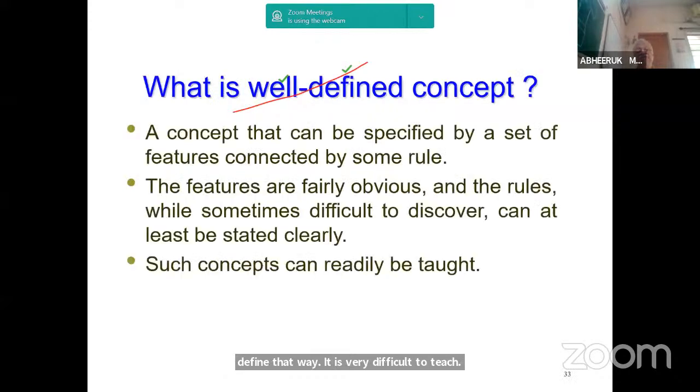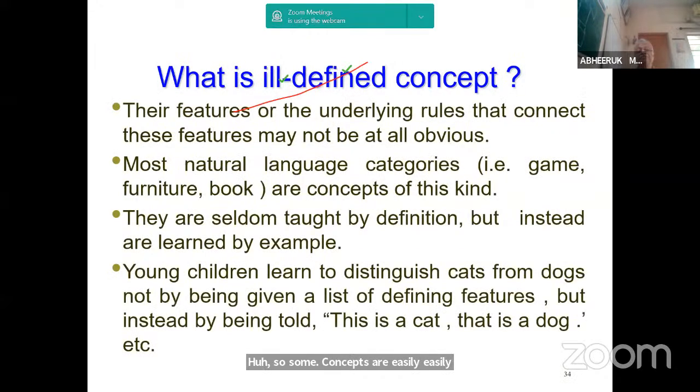A well-defined concept is a concept that can be specified by a set of features connected by some rule. So there should be a rule which will connect these features. The features are fairly obvious, and the rules, while sometimes difficult to discover, can at least be stated clearly. So some concepts are easily defined, like your hexagon.